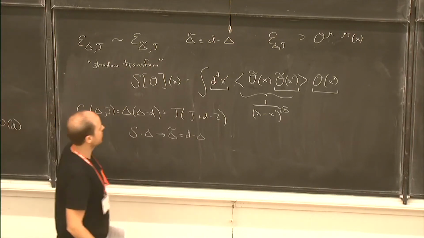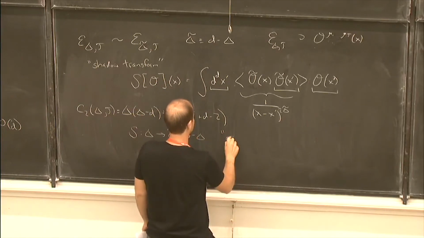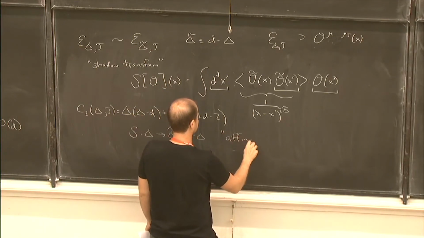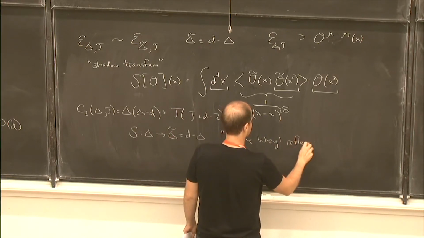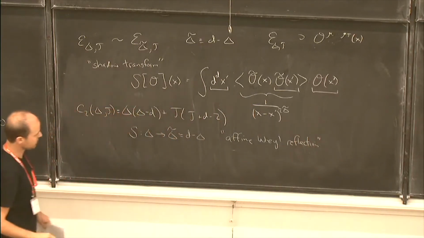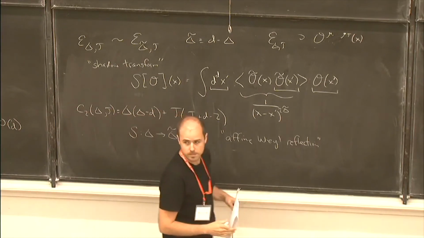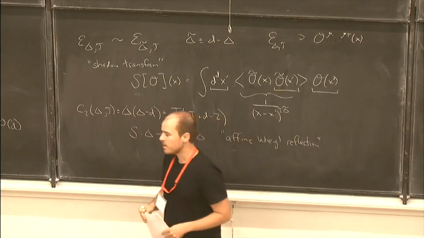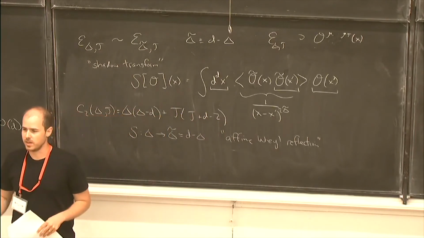I'm not sure if we'll get there or if it's at all important, but this is called an affine Weyl reflection. I believe affine comes from the fact that you're not just reflecting the weight.